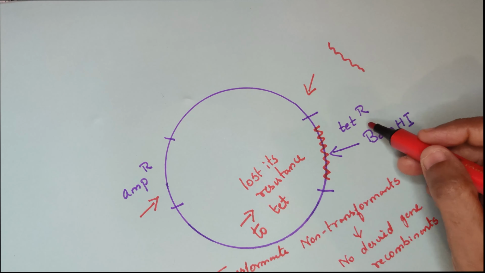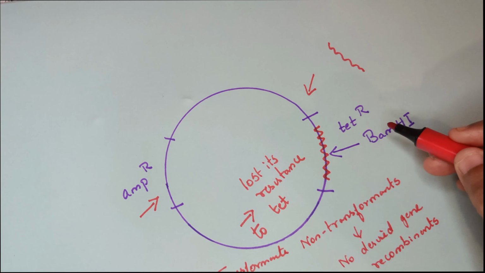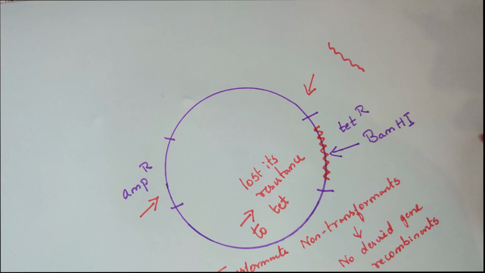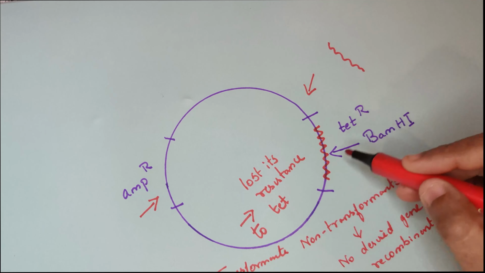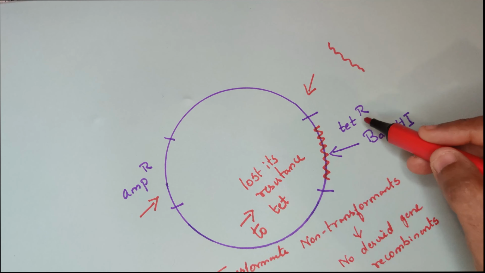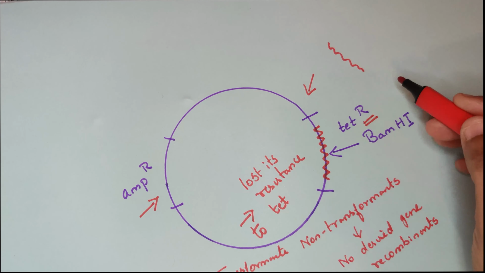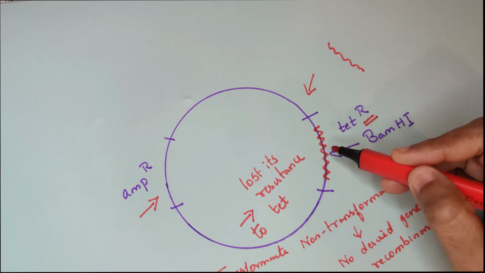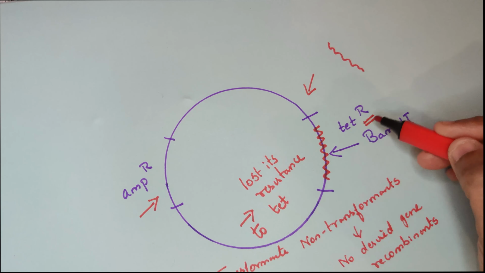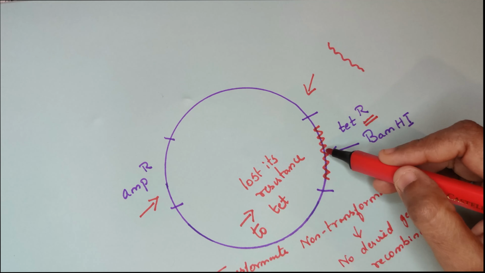Those that have the desired gene, only those I will keep, and the ones that have not taken up my desired gene will still have tetracycline resistance intact in them. So even if I add tetracycline, those bacteria will be able to survive in tetracycline medium because your desired gene is not taken up by the plasmid here.